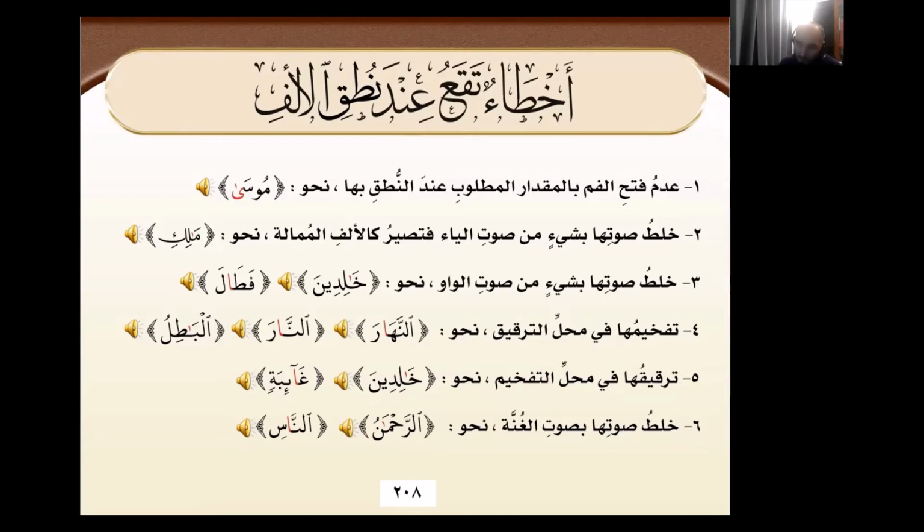It is pronounced emphatically if it's preceded by an emphatic letter, and lightly if it is preceded by a light letter. So here in mistake number 4, it says تفخيمها في محل الترقيق: we make it emphatic, or thick, or pronounced with a full mouth, when it should be pronounced with an empty mouth, or light.